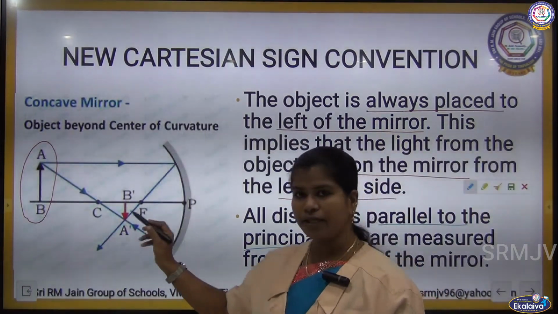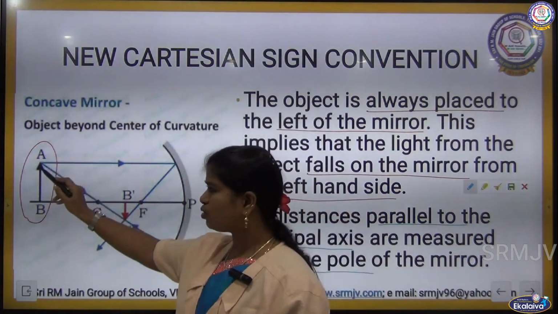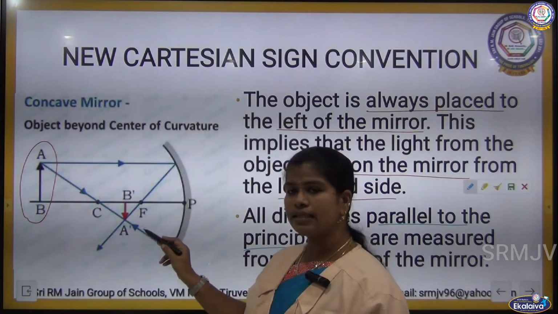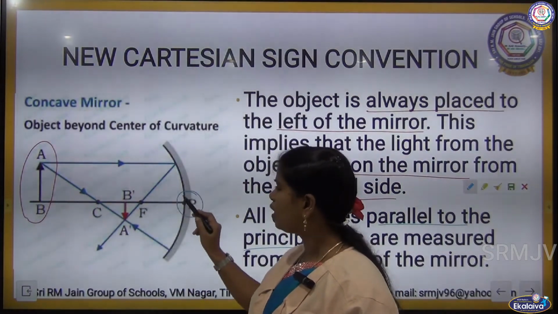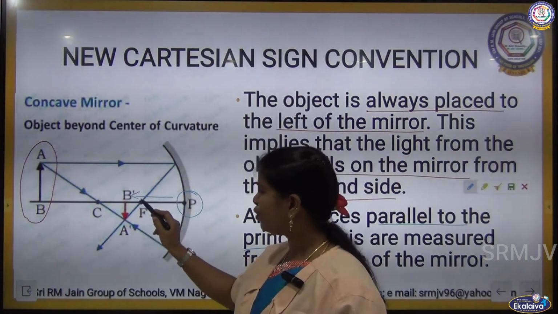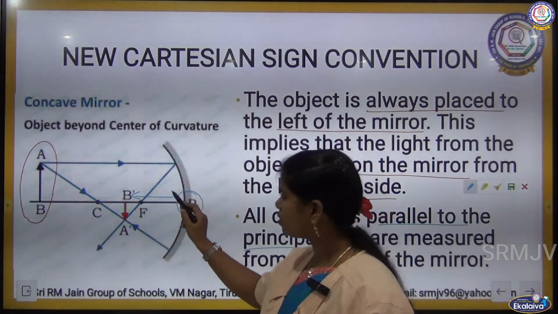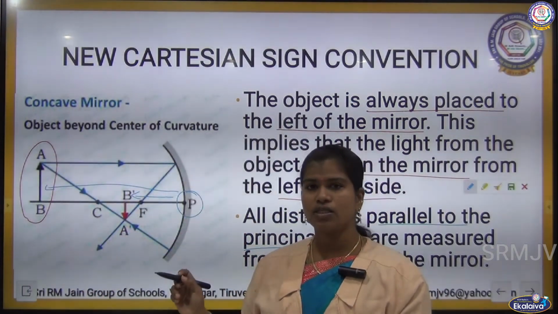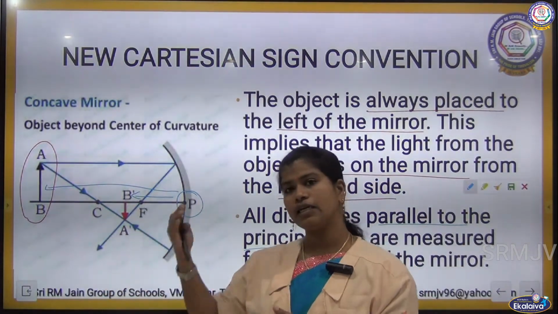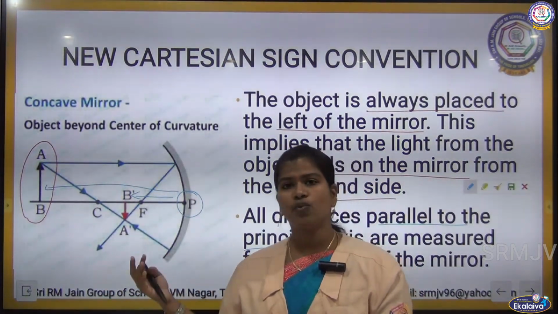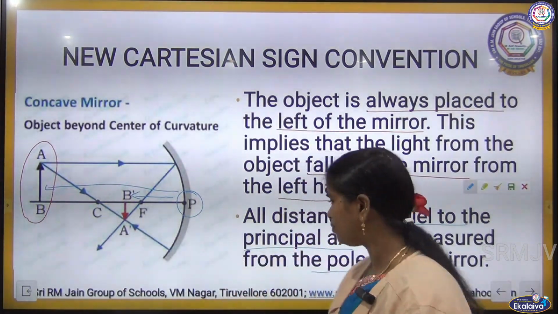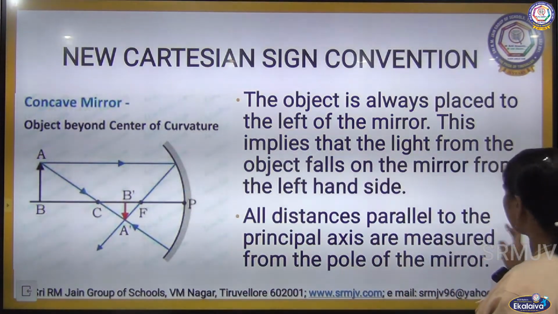So, whatever may be the distance, whether the distance of the object or the distance of the image, all the distances will be measured from the pole, and this is going to be our image distance and this is going to be our object distance. So, all the distances, whether on the left side or the right side, everything will be measured from the pole of the mirror. Now, let us move on to the next rule.